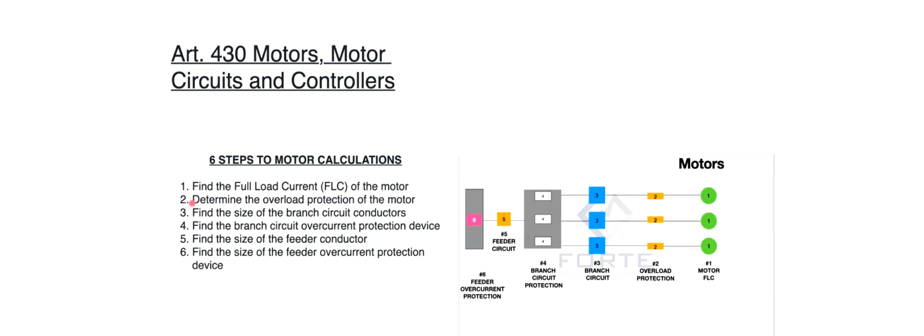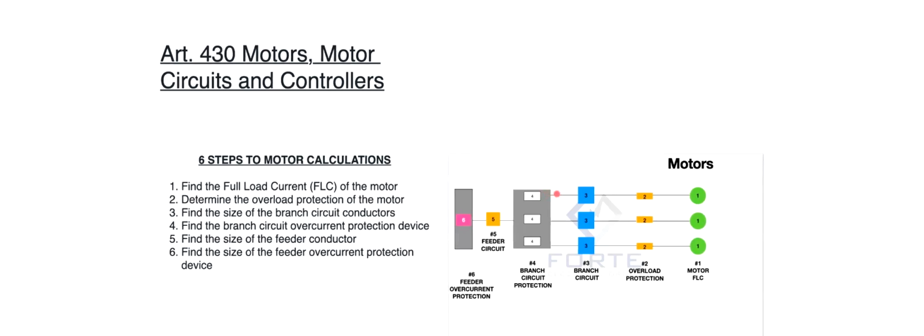Number 3 is finding the size of the branch circuit conductors. And if you look over here, if we can imagine this being the motor, this being the heaters within the motor, this right here is your branch circuit conductors between your MCC and your motor.